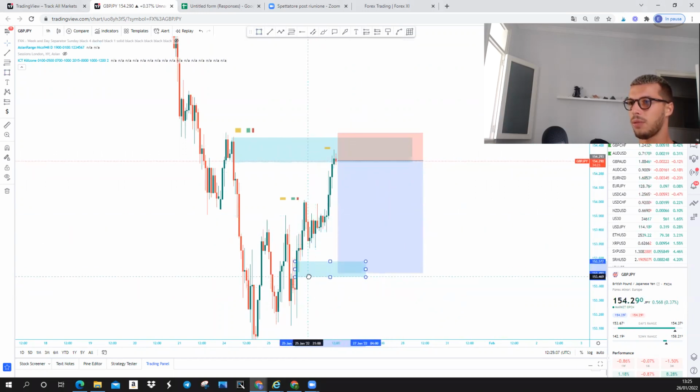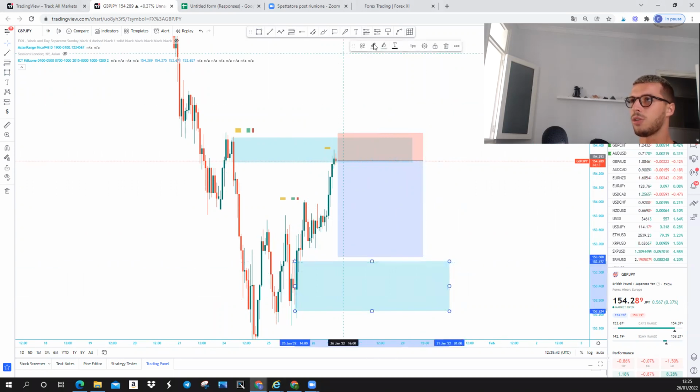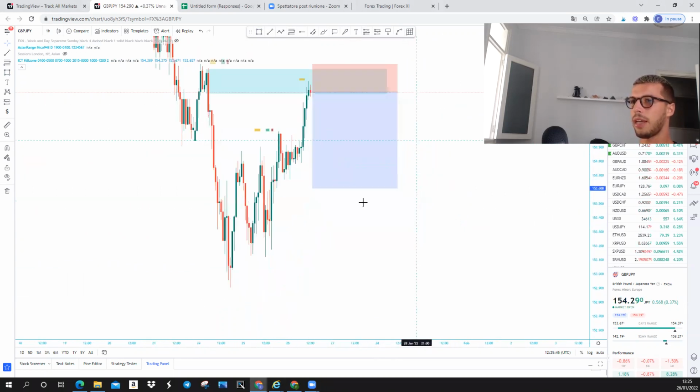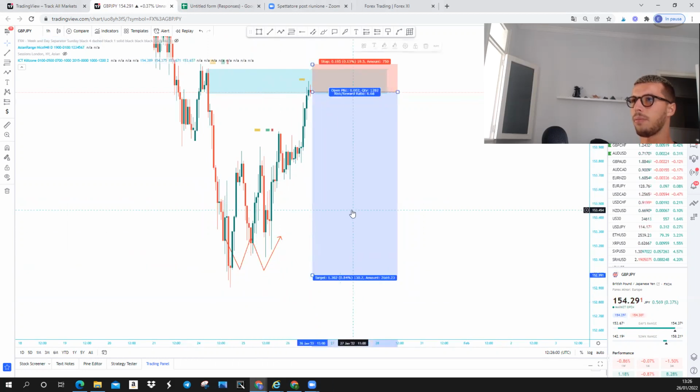Okay, so for example, this lower demand right here. So I have my take profit before the area, or liquidity. So for example, if down here I can have a double bottom, which there is not, but if, for example, there was a double bottom and therefore this was liquidity, then I can also target below liquidity, so below the double bottom, okay?